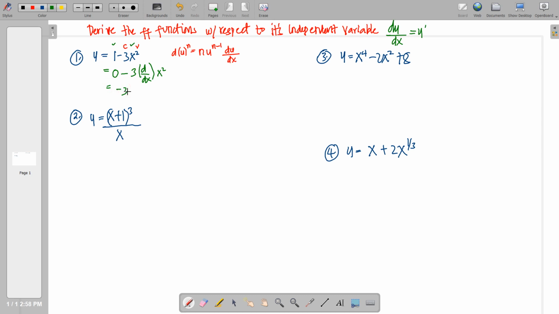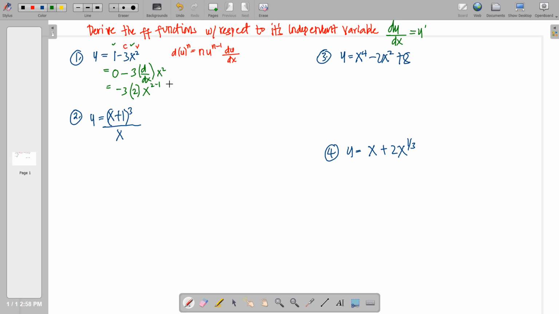So negative 3, we bring down 2. Okay, copy x, we subtract 1 from 2, so that is 2 minus 1, and then derive u. Okay, what is u here? U here is actually x.